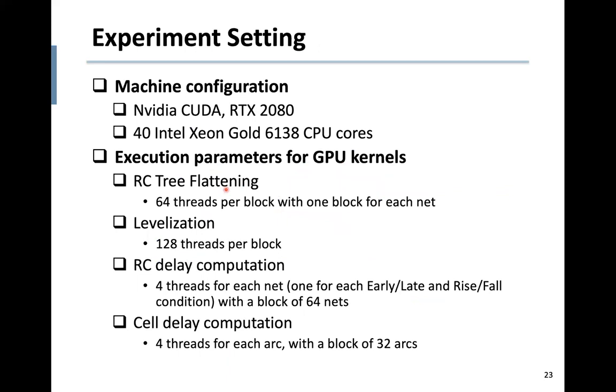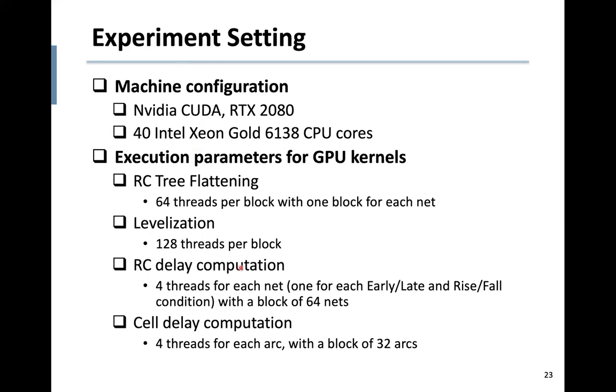So we just learned how we leverage GPU to accelerate graph-based analysis in 3 steps: levelization, RC delay update, and gate delay update. Now I'm going to show you the experiment. We implement our algorithm with C++ and CUDA on one NVIDIA RTX 2080 GPU card and 40 Intel CPUs.